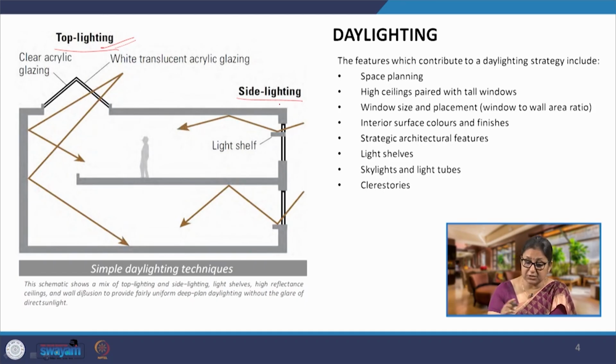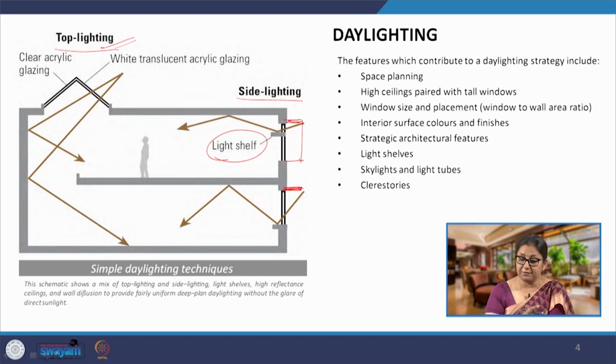In addition to these windows, the fenestrations, we also have their controls and some architectural features. For example, a light shelf here, or we may have a projection overhang here, or we may also have a vertical projection, a shading device.